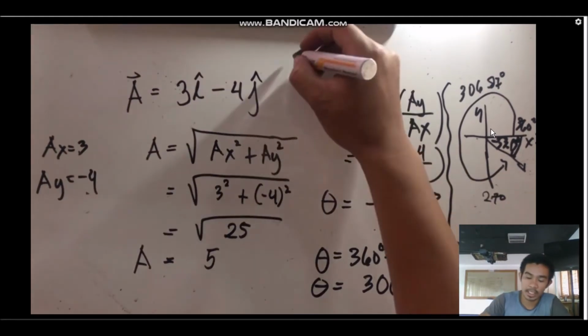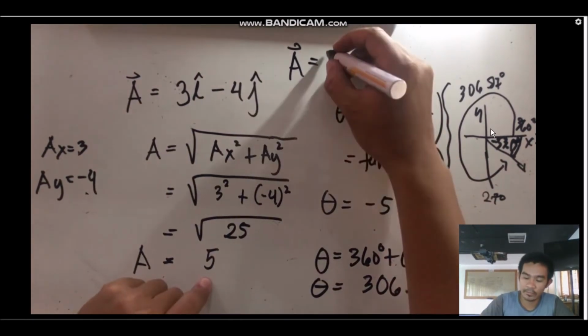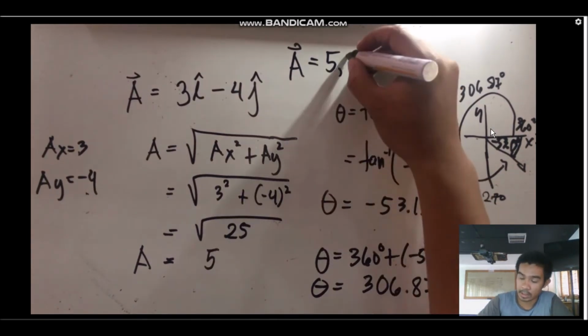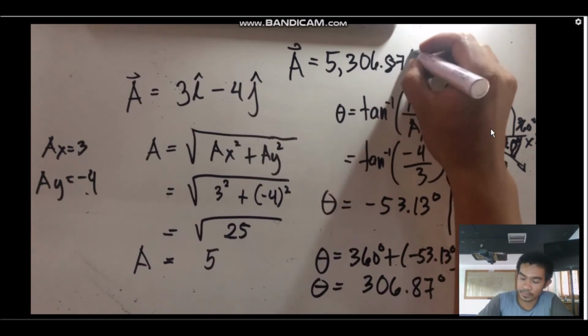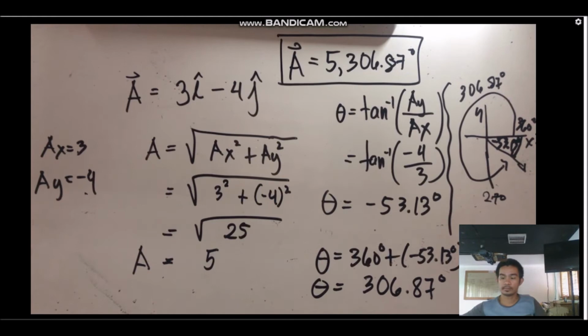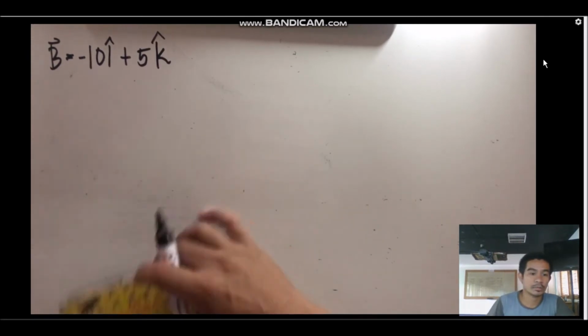Vector A has magnitude 5 units, and you can have any unit, and direction 306.87 degrees.